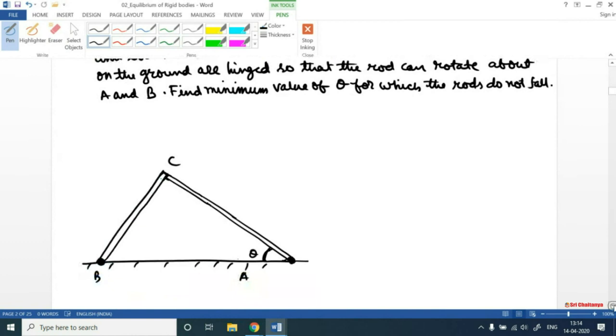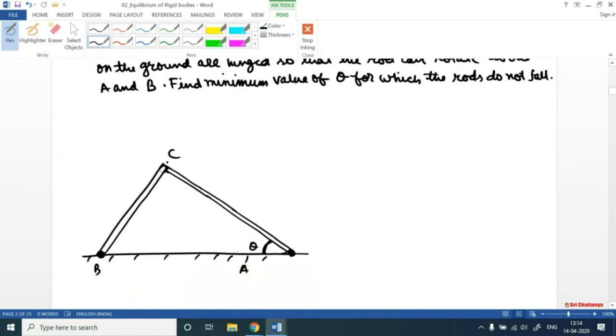Looking at this position, at point C these two rods are in contact with each other, so they will be applying contact forces, normal and friction, on each other. The right rod will have a tendency to slide down.